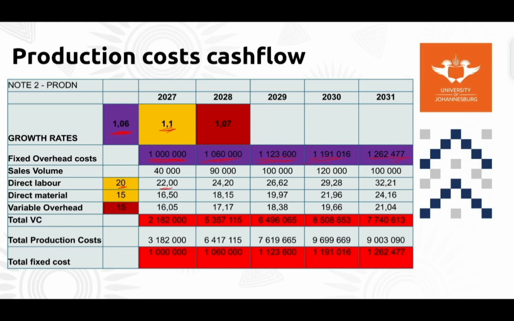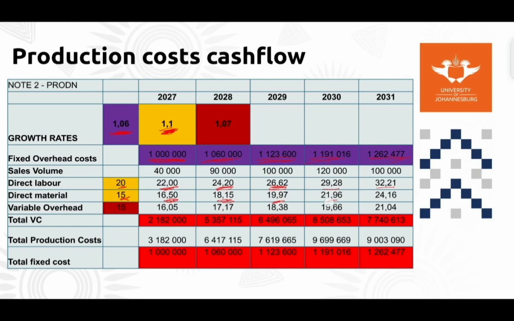So you take your 22, grow it by 1.1, get your 24, grow it by 1.1, get 26, and so on. The 15 rand, we were told, also grows at 1.1. So it would be 15 growing at 1.1; you get this value, then grow it by 1.1 again for the next year.